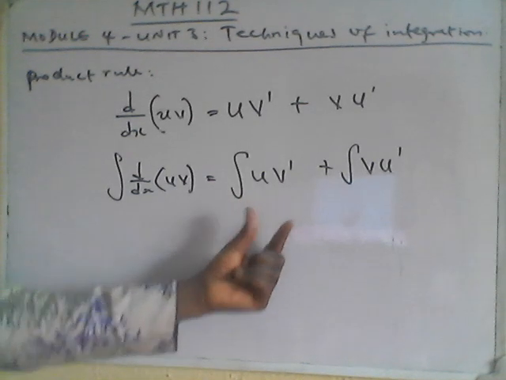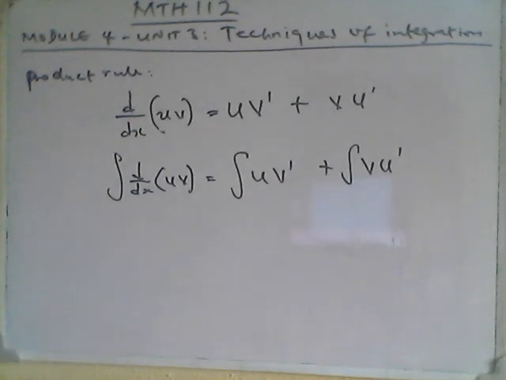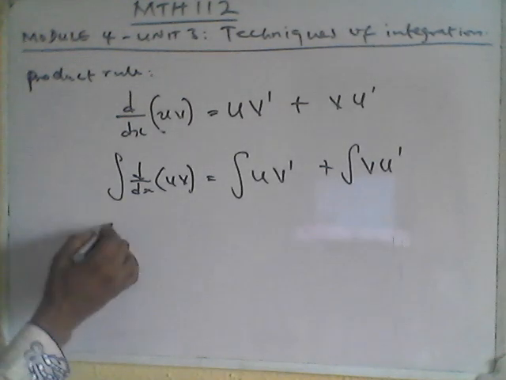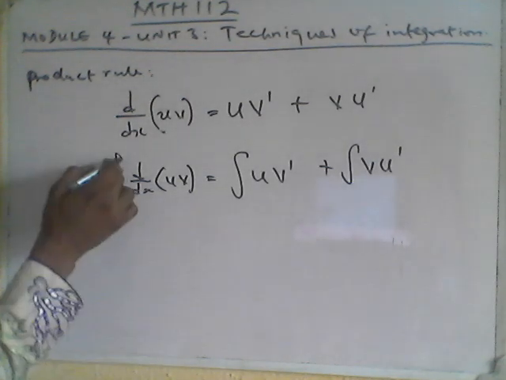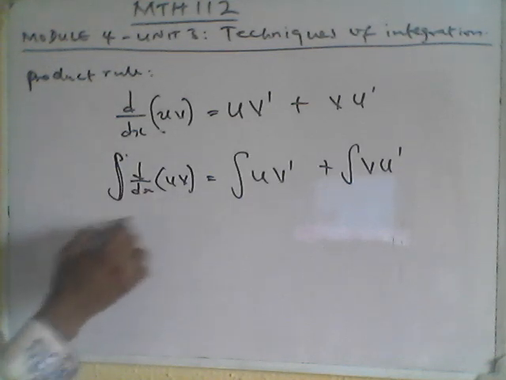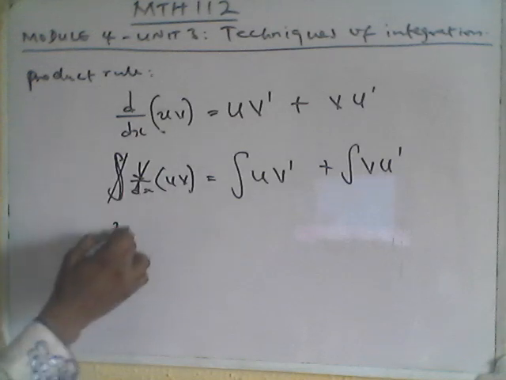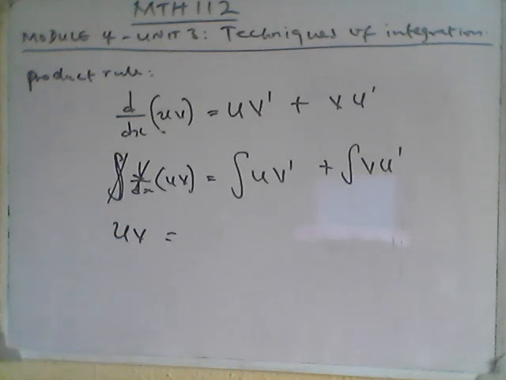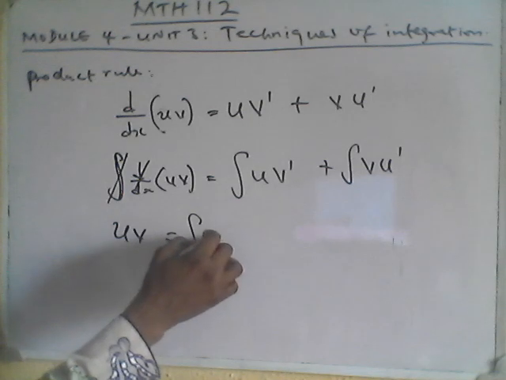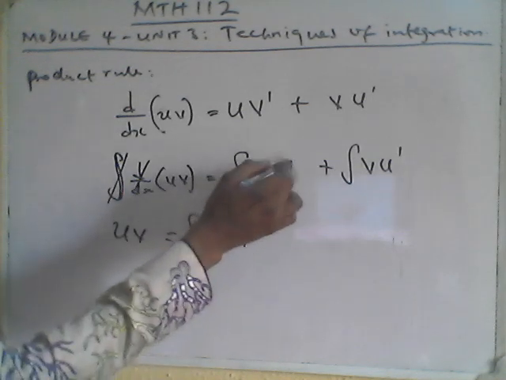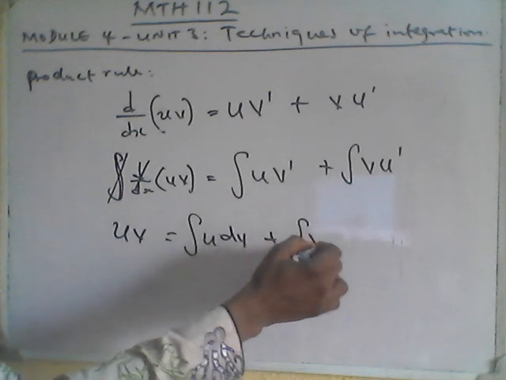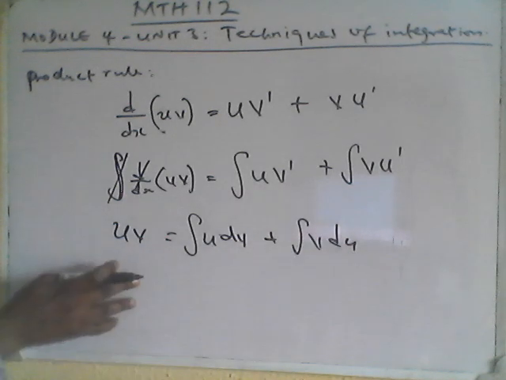So when this one becomes the subject, the integral and the differential will cancel. What I have left here is uv. Then I will say integral u dv, because this prime is dv, then plus integral v du. This one can come and join this one here.